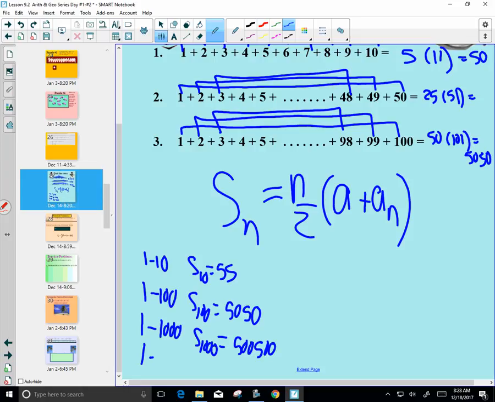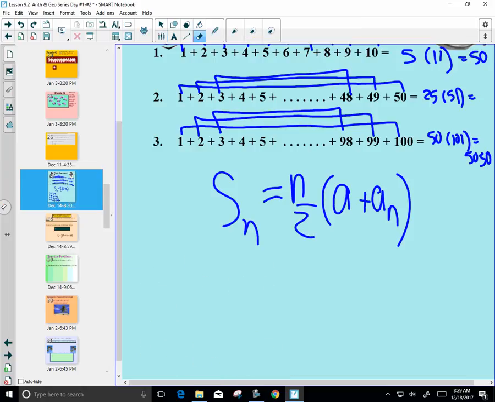And how about the first 10,000? It's going to be 50,005,000. No kidding. It works. And it's all because you're multiplying half times 101, 1,001, 10,001. And that's how those sums work.